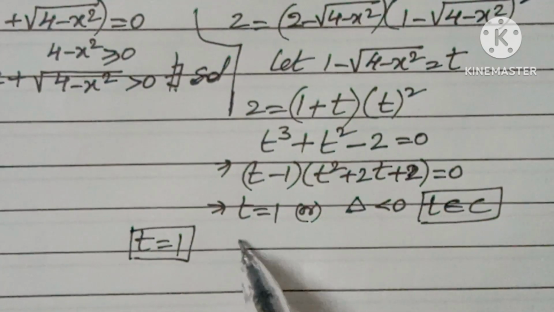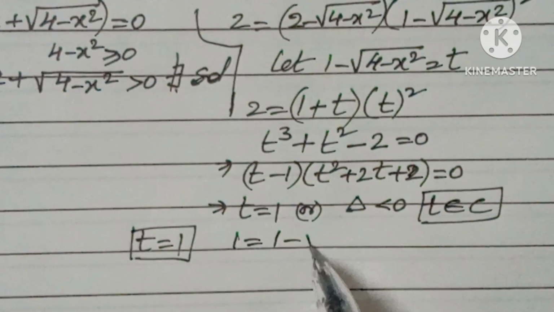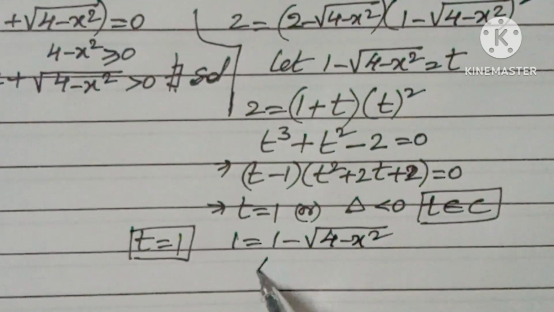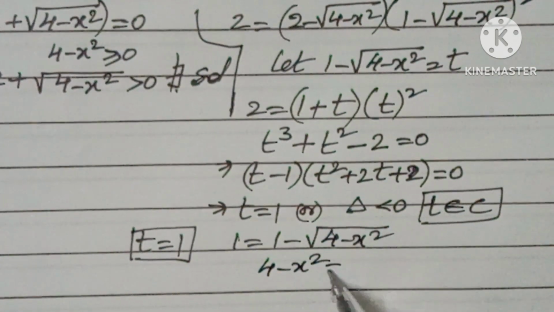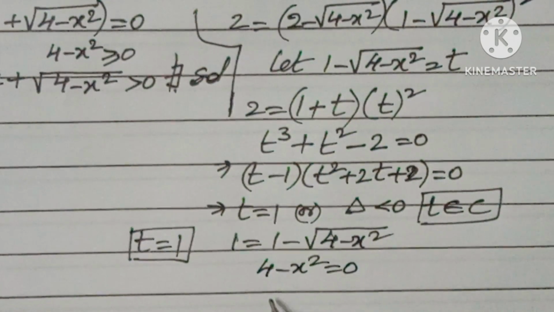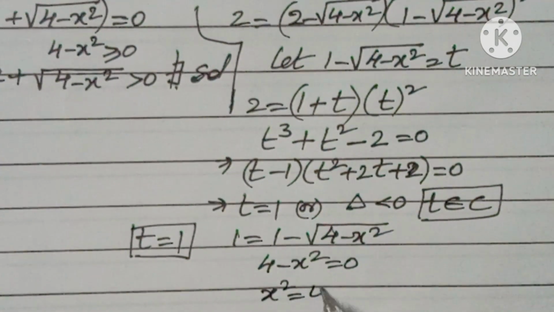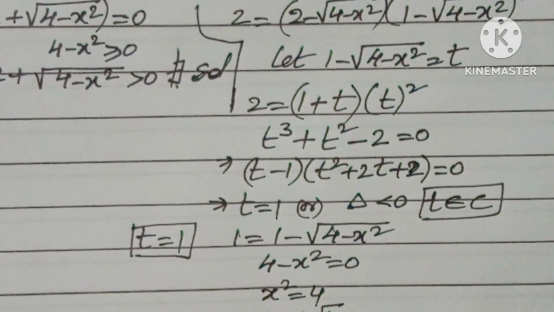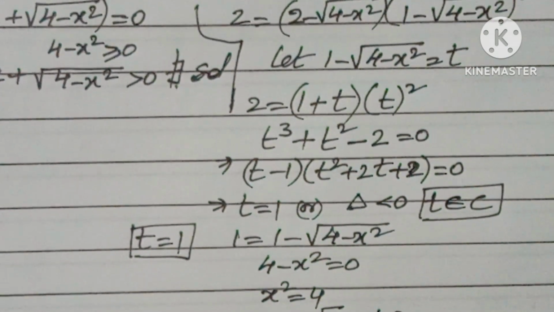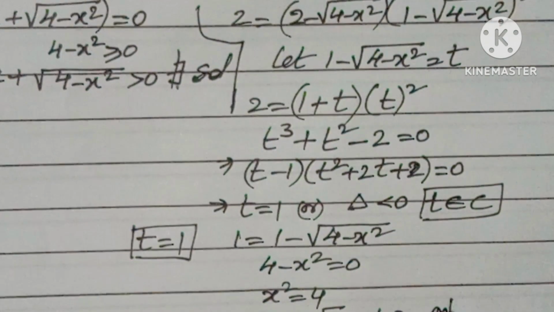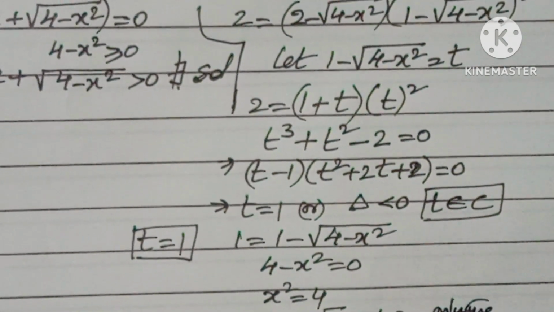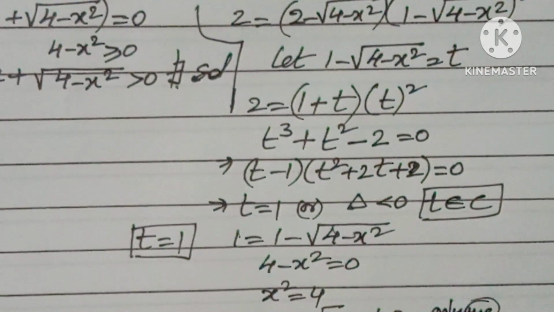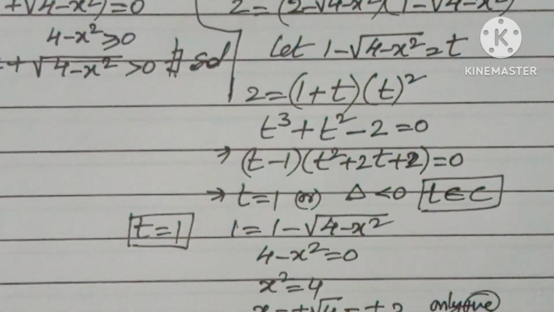What is the t value? 1 is equal to 1 minus root of 4 minus x square. So 4 minus x square equal to 0, x square is equal to 4, x equal to plus or minus 2. So here only we are taking positive values. So x has only one value, that is 2.